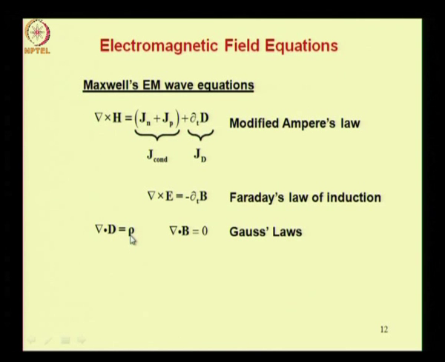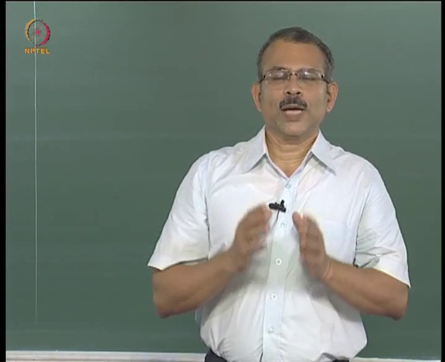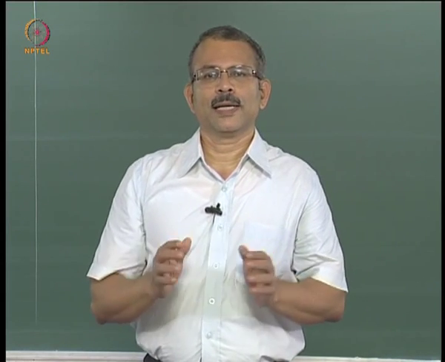So this tells you that positive or negative static charges are sources of the electric flux. Divergence B is equal to 0. This tells you that really there is nothing analogous to the positive or negative charges in the context of electromagnetic fields. So you cannot have an isolated north or south pole, right? Whereas you can have isolated positive or negative charges.